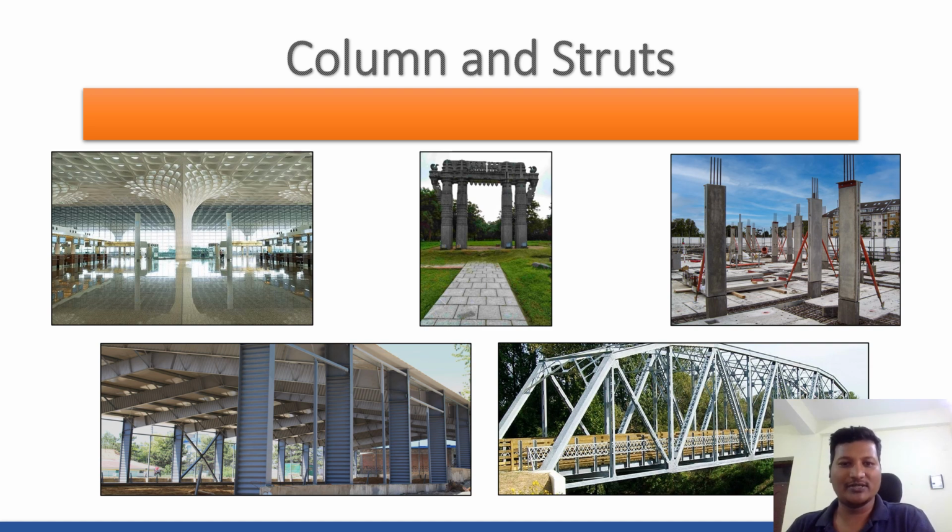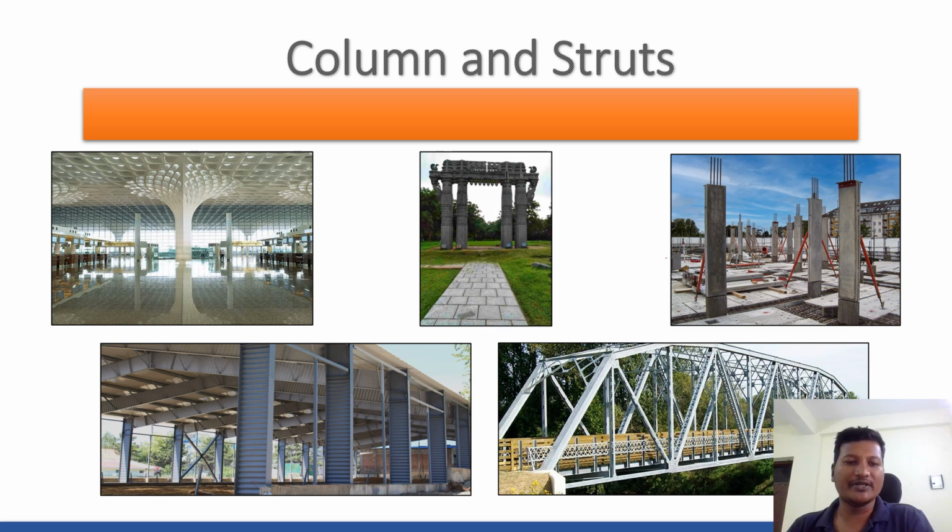So the second image is an ancient column structure in your city of Warangal. That is one of the oldest cities in India. The third image is an under construction image. The column is built in a modern apartment construction.